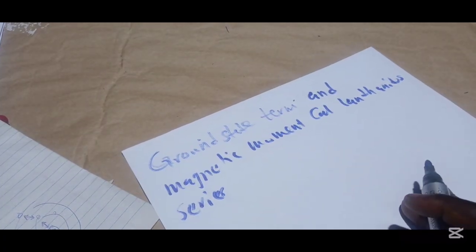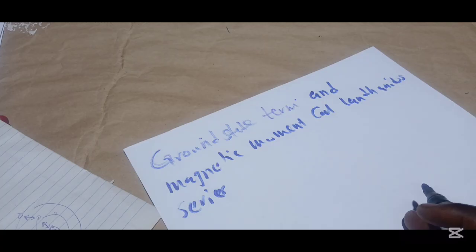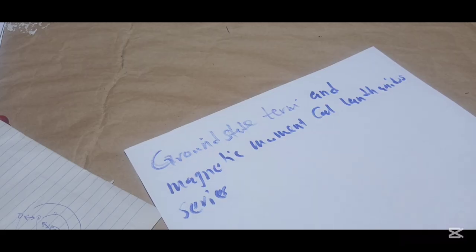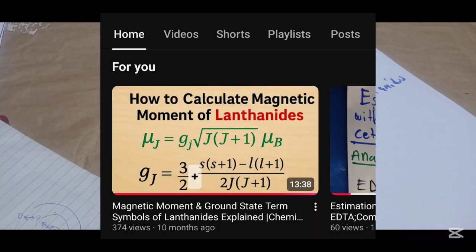This is very important because you will be meeting a lot of problems like this, mostly as far as lanthanides are concerned. If you are having an exam concerning lanthanides and actinide series, you need to know how to calculate the ground state term and magnetic moment of the lanthanide series.